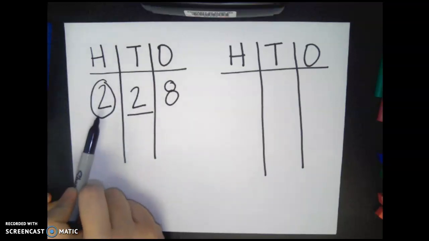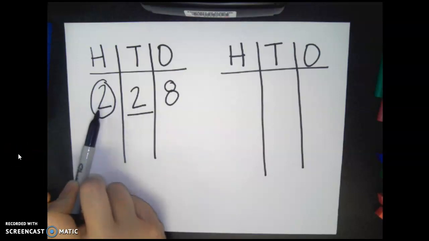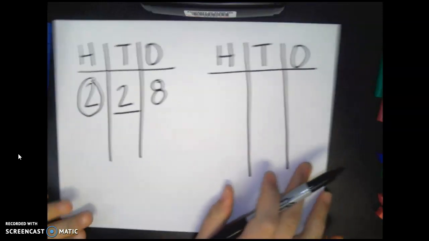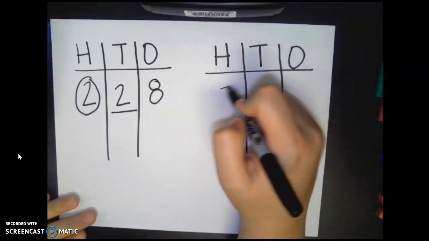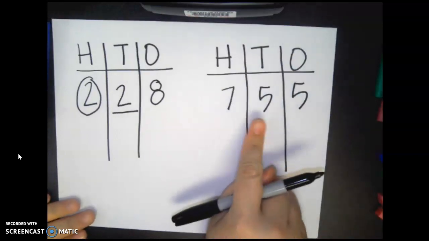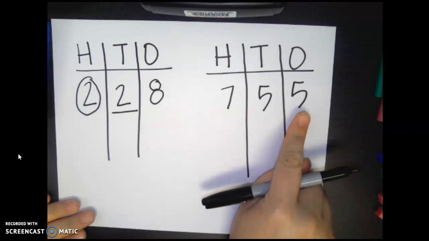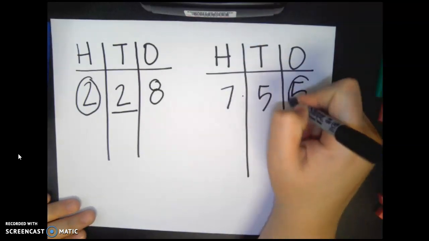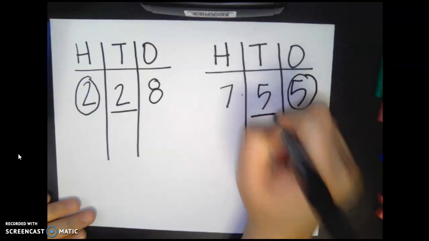So the value of my 2 in my hundreds place value is 10 times more than the value of the 2 in my tens. Let's look at another number, 755. So I have the same digit in my tens and my ones, and I'm going to be comparing my ones to my tens.